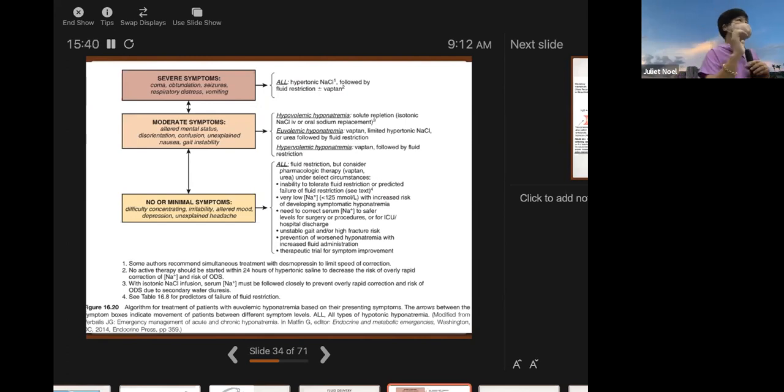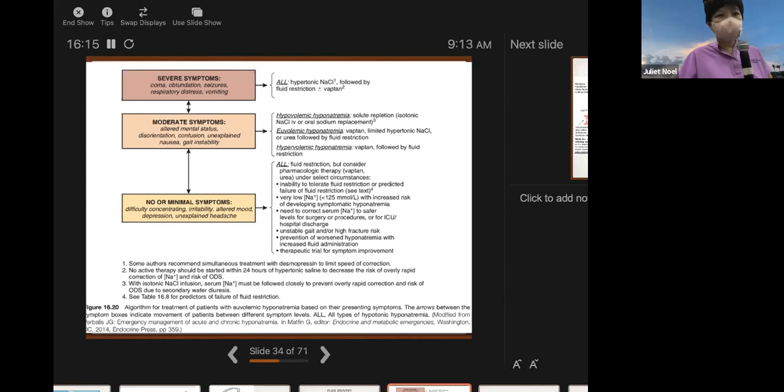The challenge is when it is hypervolemic. So usually when you have severe symptoms, generally it looks like the patient is euvolemic. So the first line of treatment is supposed to be fluid restriction. But if you have a severe hyponatremia or there are already CNS symptoms, then you are justified to give a hypertonic 3% sodium chloride.